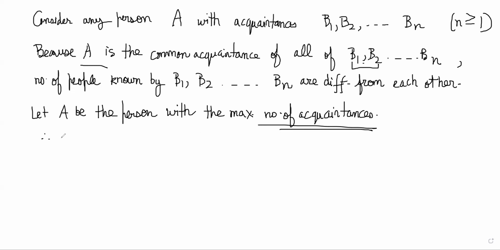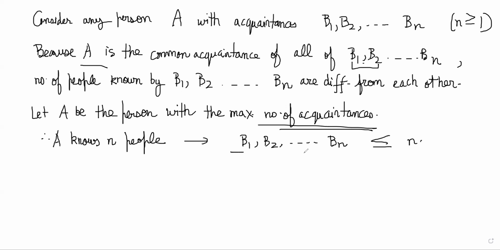So therefore, A knows n people, and because A knows n people, we know that B1, B2, Bn are all less than or equal to n, right? Because A was the person with the maximum number of acquaintances. So these people cannot know more than n people, right?